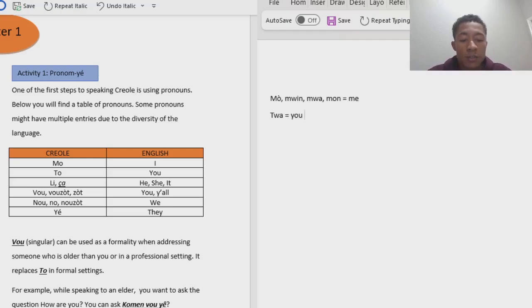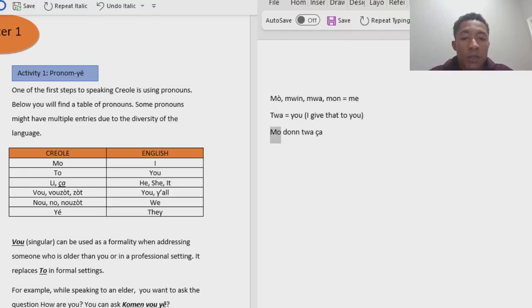So, for instance, to give you a sentence example, you'll have in English, I give that to you. Or, for instance, I give you that, etc. It works the same way. In Creole, you could write that as mo don toi ça.